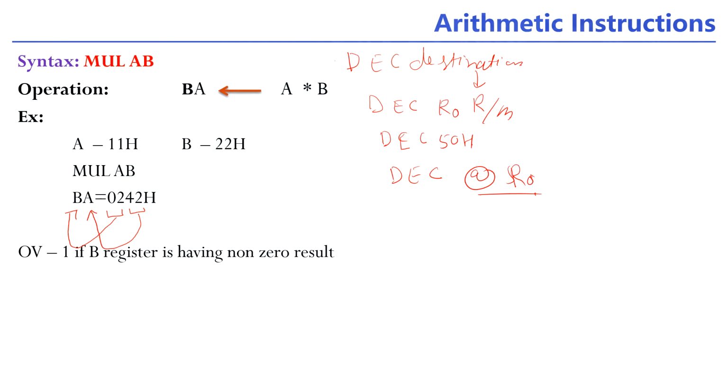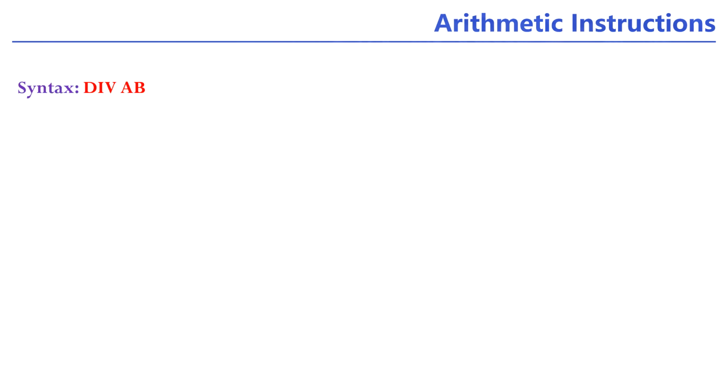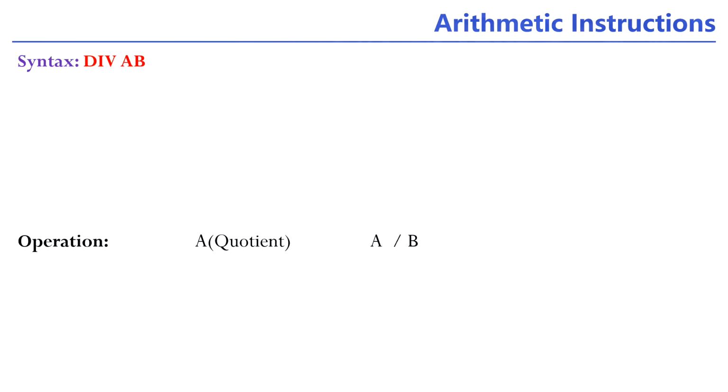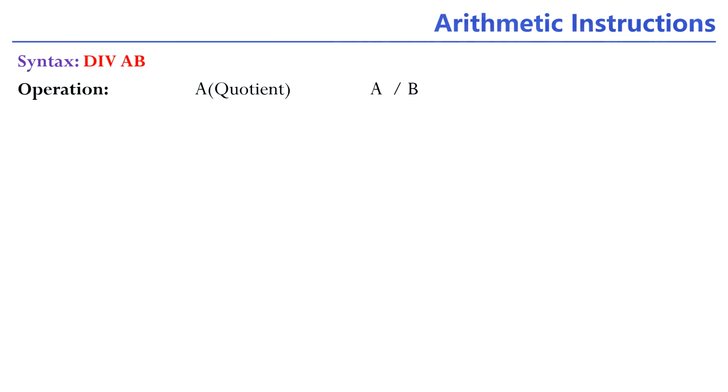Now we can start DIV AB, that is the division instruction. A is the quotient, B is the remainder. A divided by B. So we can calculate in this way: A is 10H, B is 03H.